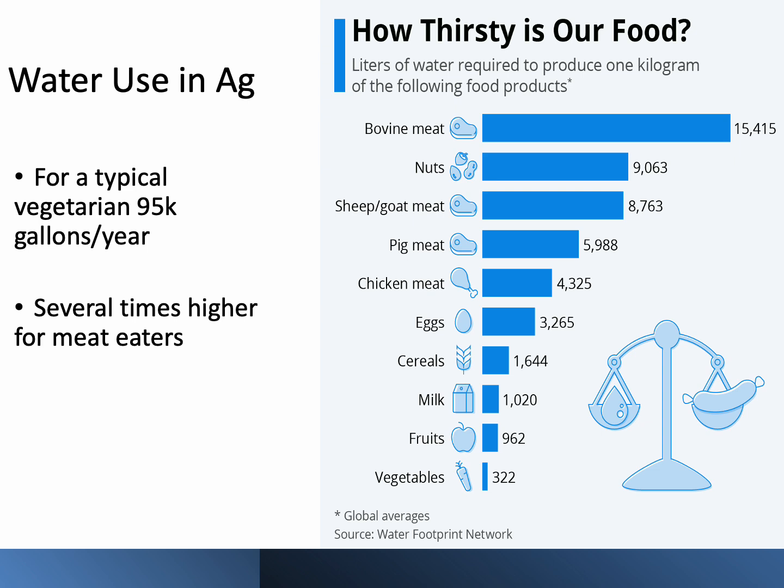The typical vegetarian uses a lot less water to raise their food than a meat eater, and that's just because of the simple fact that if you're eating meat, those animals have to get to weight, right? So for a chicken, it might only be a few months to get to weight, but during that time, the chicken is consuming water and food that was raised using water.